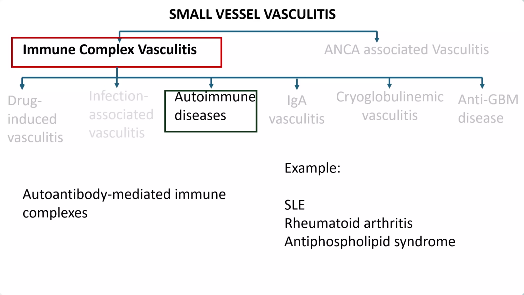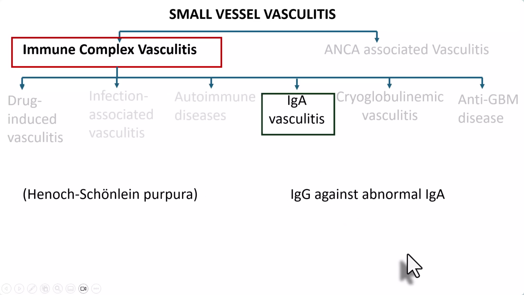In autoimmune disease, autoantibody mediated immune complexes are formed. The most common examples of autoimmune diseases causing immune complex vasculitis are systemic lupus erythematosus, rheumatoid arthritis, and antiphospholipid syndrome. IgA vasculitis was earlier called Henoch-Schönlein purpura, where IgG is formed against abnormal IgA, which forms immune complexes leading on to vasculitis.